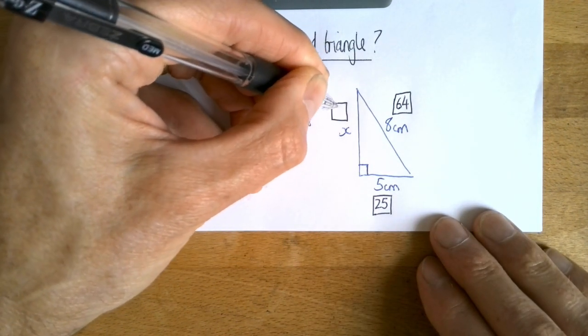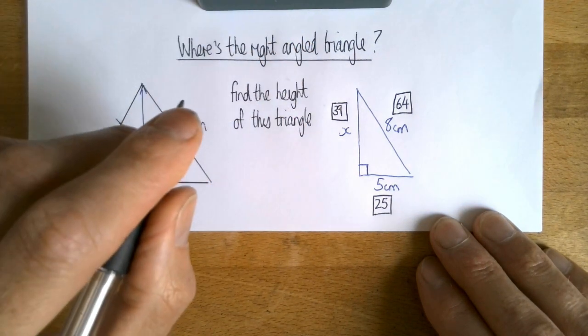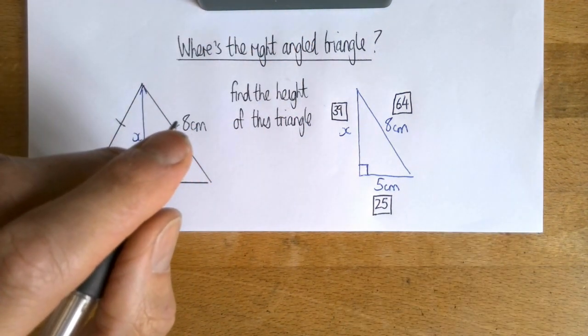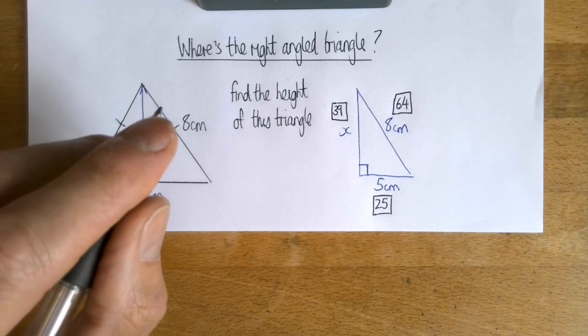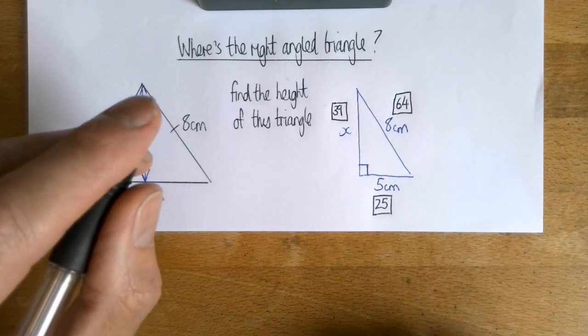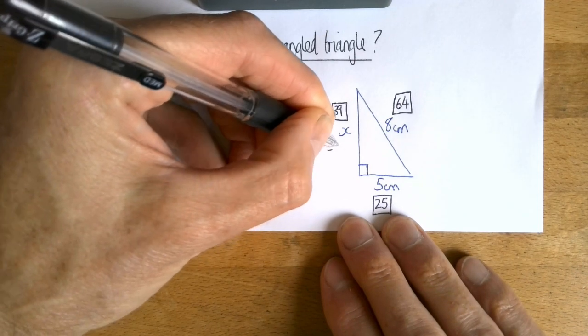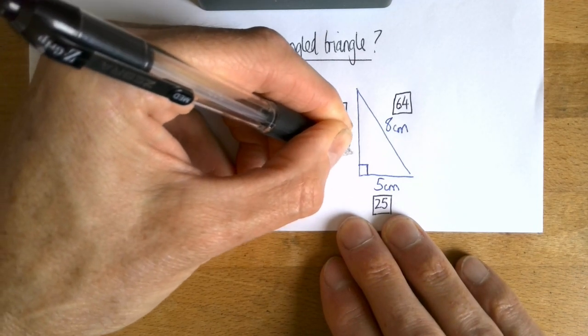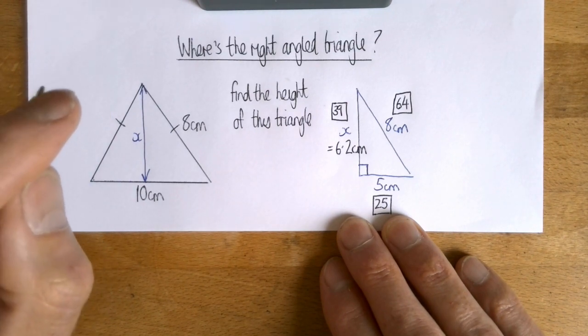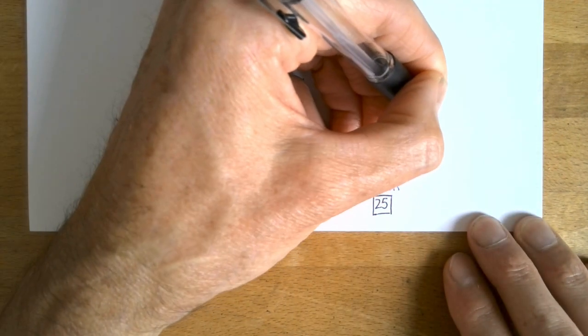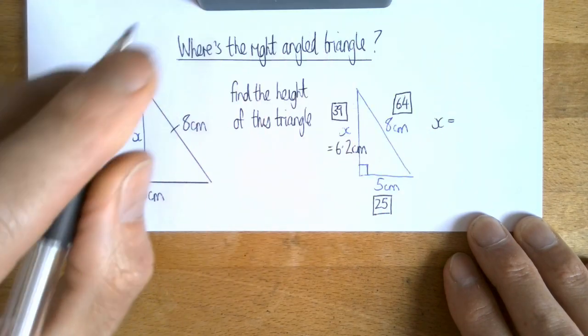That tells me the length of that side squared. And so I just need to square root 39 to get the missing answer. And I'll go with 1 decimal place. So that's 6.2 centimetres.